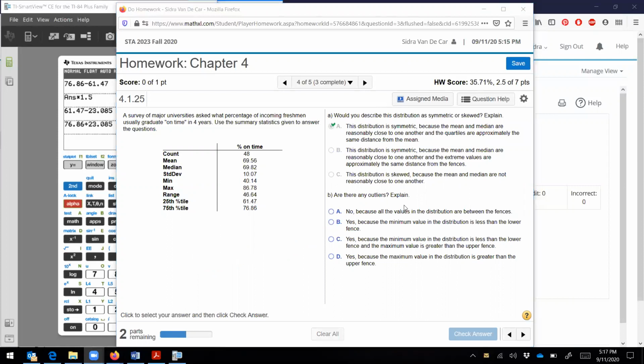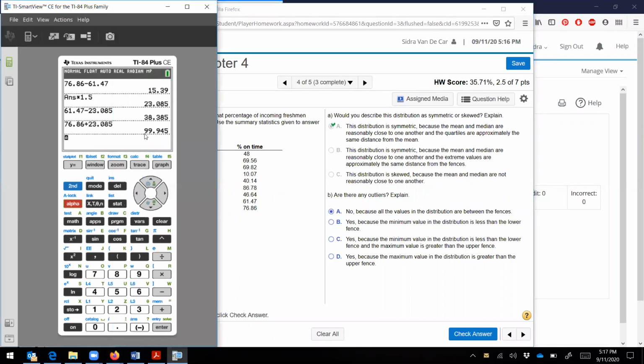Are there any outliers? No, both of these values fell inside those fences that we found. Now I'm checking the max and the min when I say that. I'm looking to see that the max and the min are inside these fence values that we found, and they are.